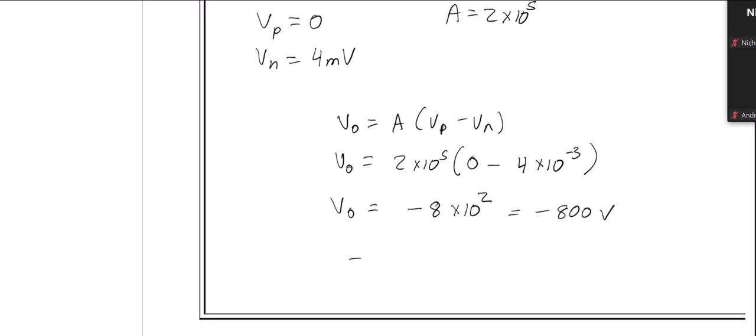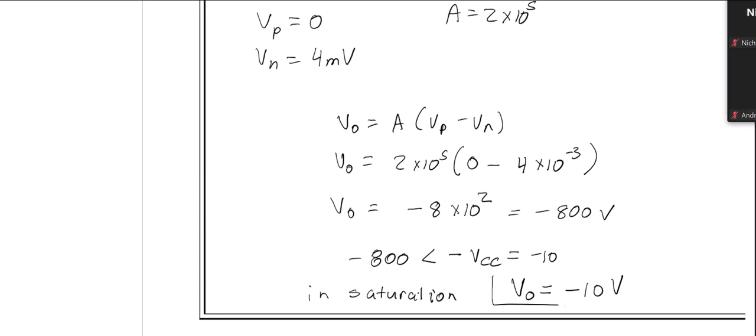That is certainly smaller than negative VCC, and because VCC was 10, that's smaller than negative 10. So it is in saturation, and the answer is that V out equals negative 10 volts.